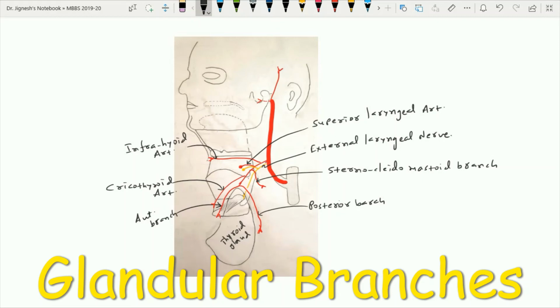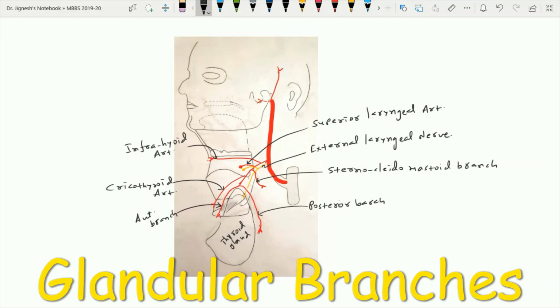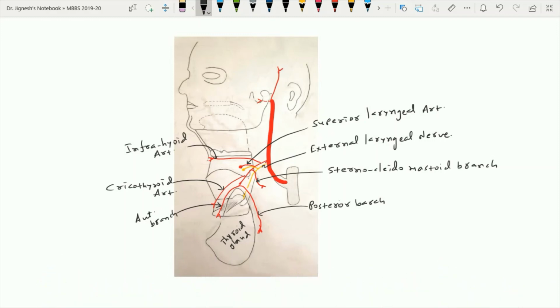This anterior branch is going to anastomose with the same anterior branch of the opposite side just above the isthmus of the thyroid gland, while this posterior branch is going to anastomose with the branch of the inferior thyroid artery, which is actually a branch of the thyrocervical trunk of the subclavian artery.